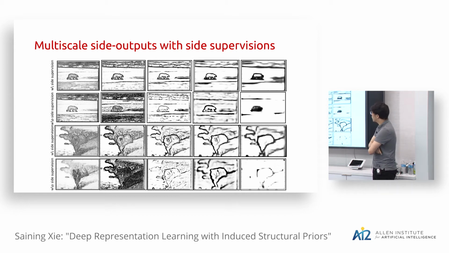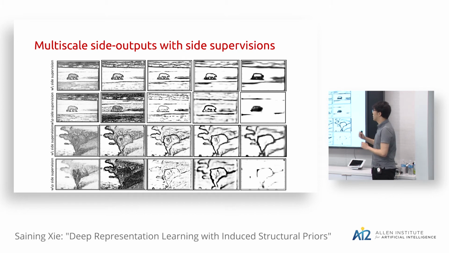On the first row of each image is the result with the side supervision. As you can see, from the lower layer of the network, the first side outputs, to the higher level of the network, the final side output, the edge prediction results become increasingly and progressively coarse, right?